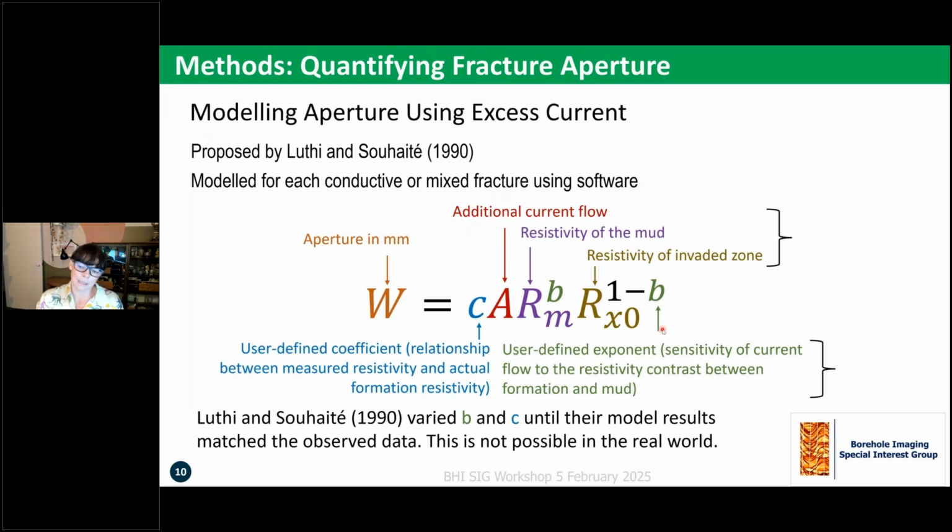Unfortunately, because we don't know what it really is in the subsurface, we don't have the luxury of that kind of calibration. So there's a certain amount of uncertainty in how these exponents and coefficients are defined. I would love to hear from the community what various rules of thumb are, or successes people have had, but I've found it a little bit touch and go.